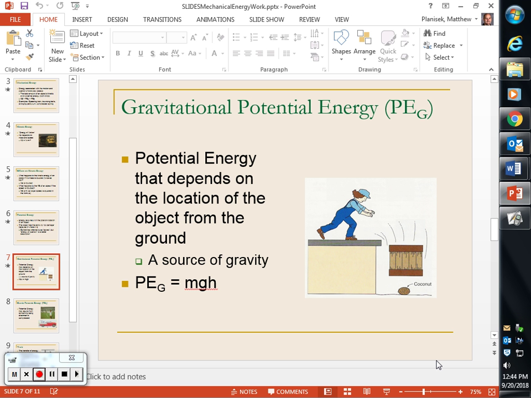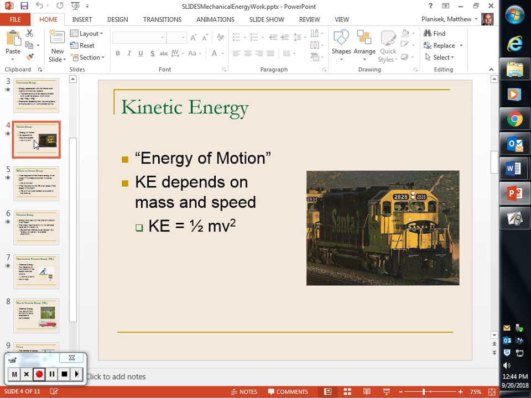We talked about the different factors that influence how much kinetic and potential energy an object will have. Kinetic energy is influenced by two things, mass and speed. Mass is directly related, and speed is quadratically related to how much kinetic energy that object has.